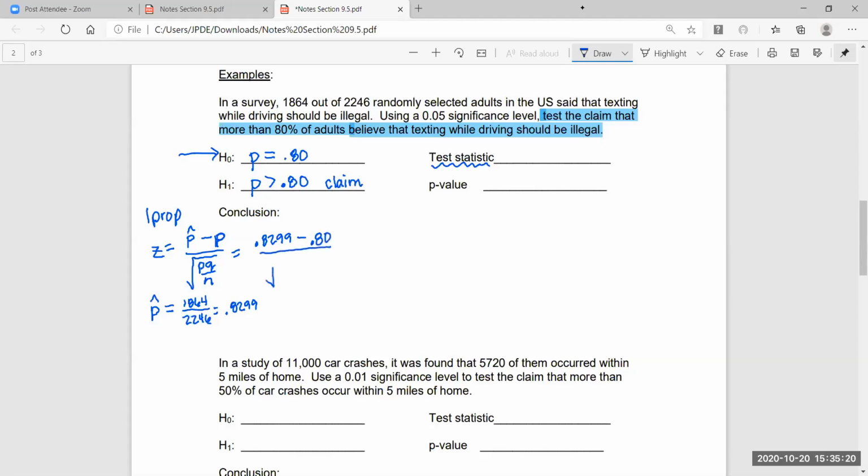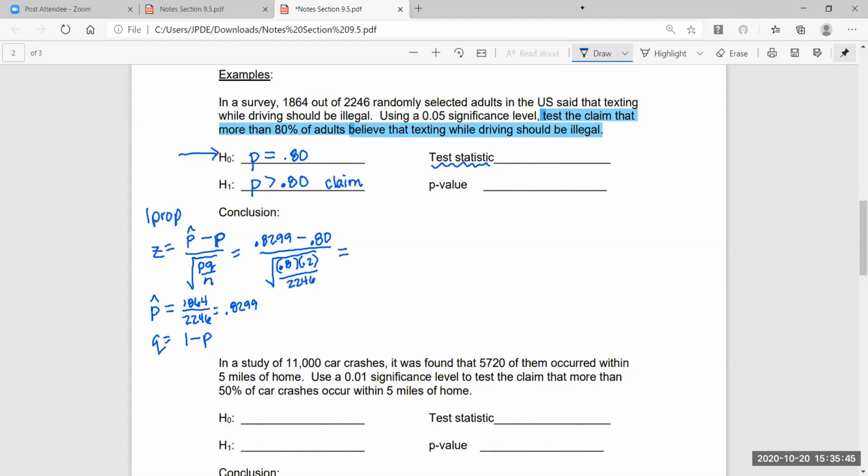In the denominator, we're going to have the square root. P is 0.8 or 0.80. Q, remember, is 1 minus p. They're complements. So this would be 0.2. And our sample size is 2246.